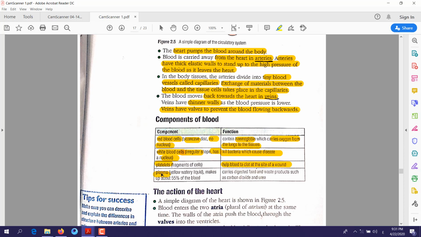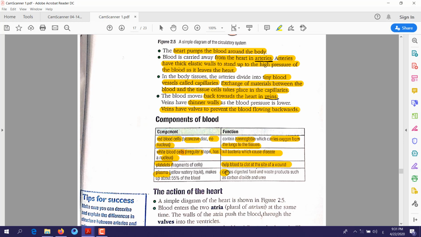Last component, plasma. Plasma, for a definition you will say, is the watery content of the blood. It's like water.